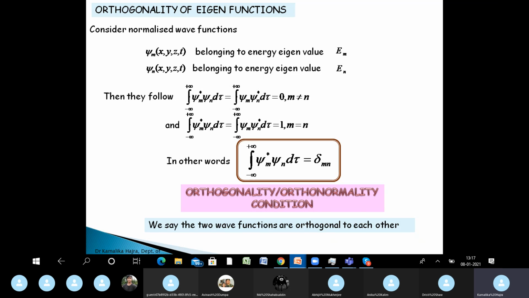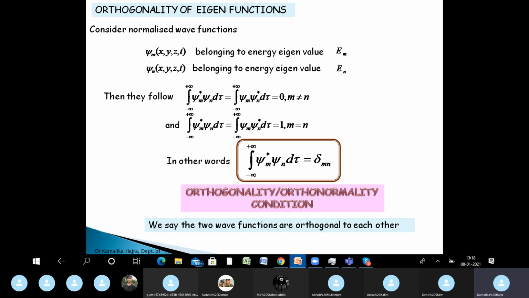For example, the Cartesian coordinate axes, i cap, j cap, k cap, are mutually orthogonal, and you cannot write i in terms of j and k, or j in terms of i and k, or k in terms of i and j. Not possible. So they are mutually orthogonal and therefore they are independent of each other.